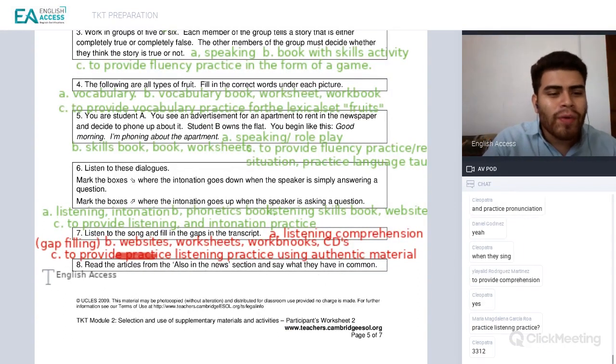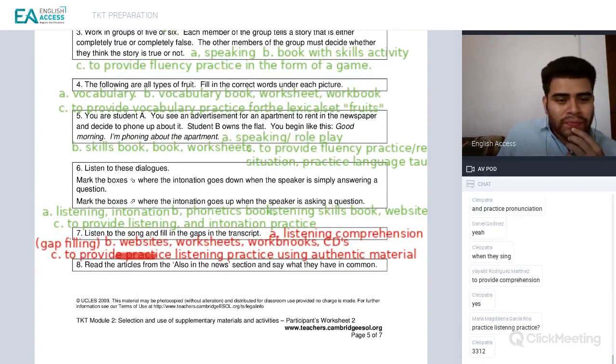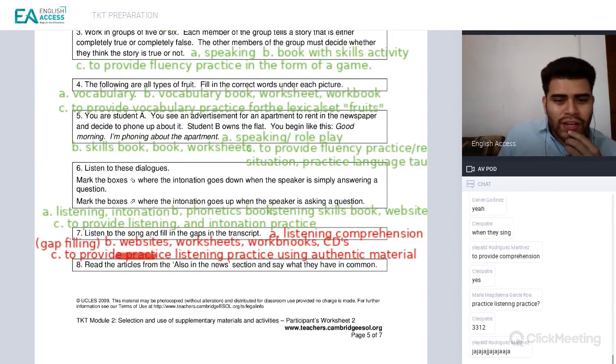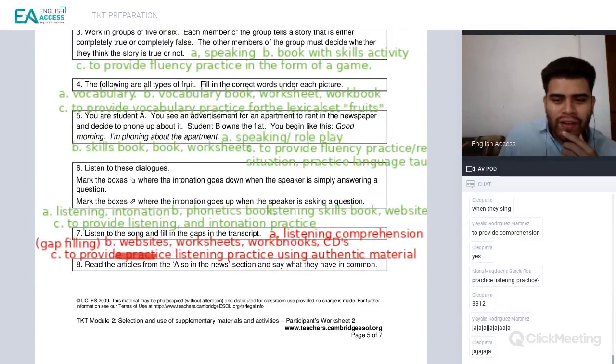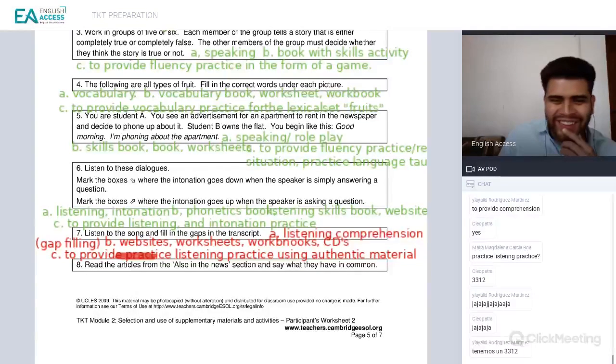Now let's see. Read the articles from the Also in the News section and say what they have in common. 3, 1, 2.